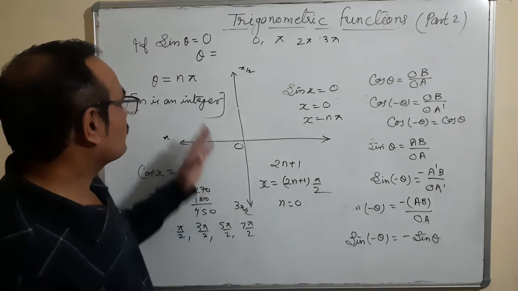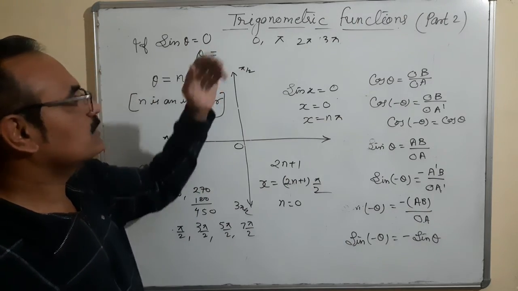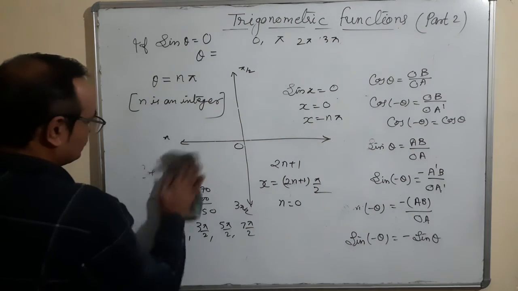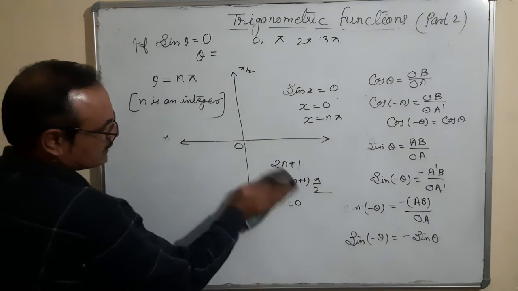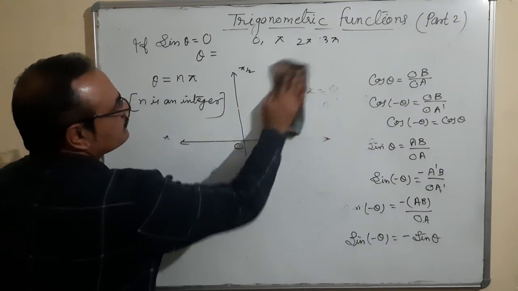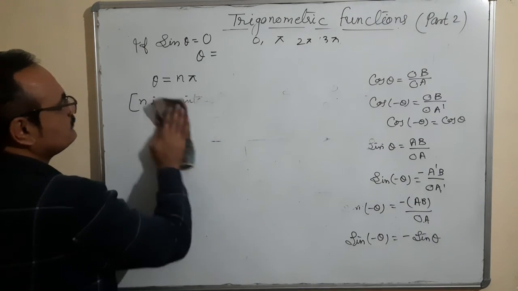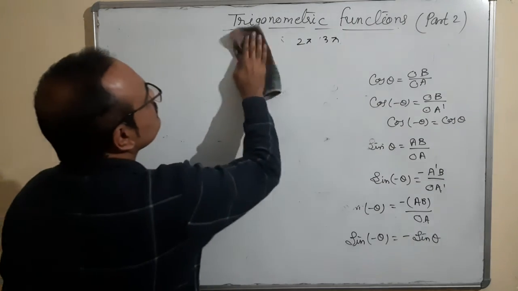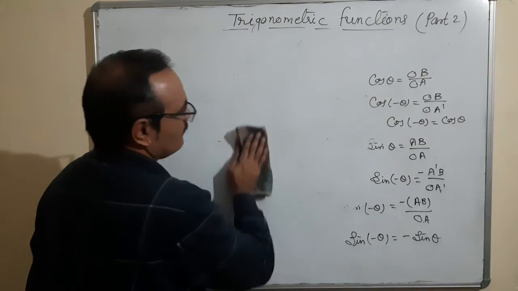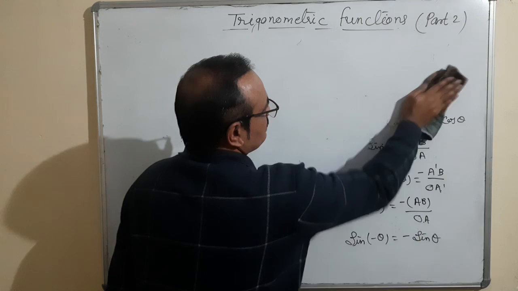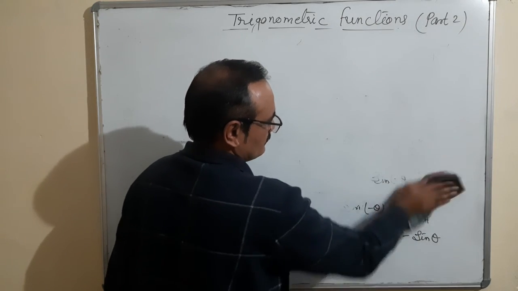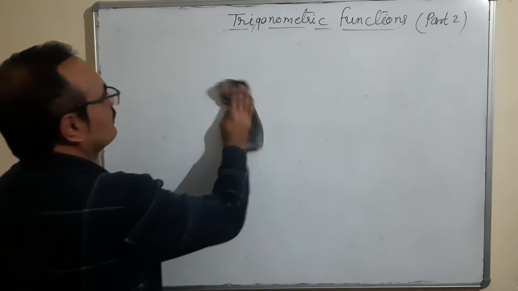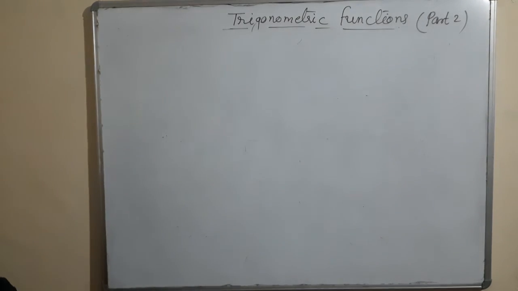So you remember this thing also, that sin theta or sin x is equal to 0. If sin x is equal to 0, then x is equal to n pi. So remember like that.